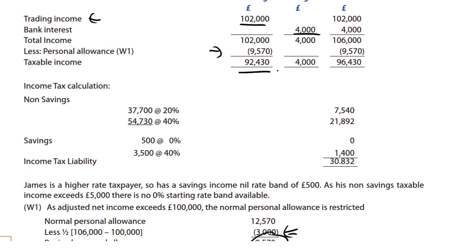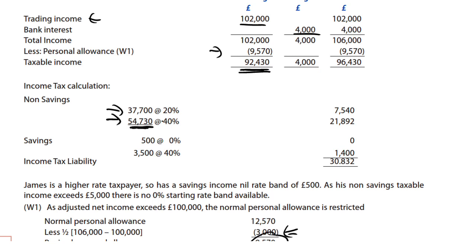Firstly, the 92,430 on non-savings. Again, basic rate band limit is exceeded. That's all at 20%, up to the remainder of it to hopefully bring you to that total of 92,430 there. And that will be at 40%.